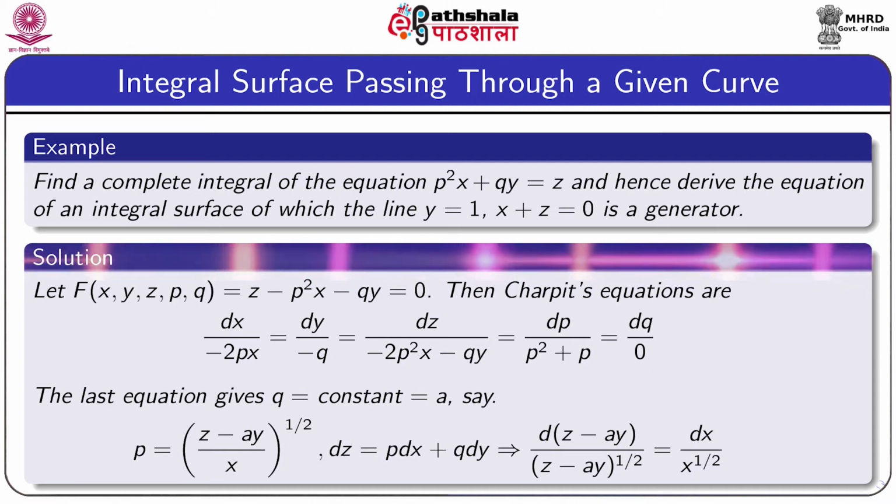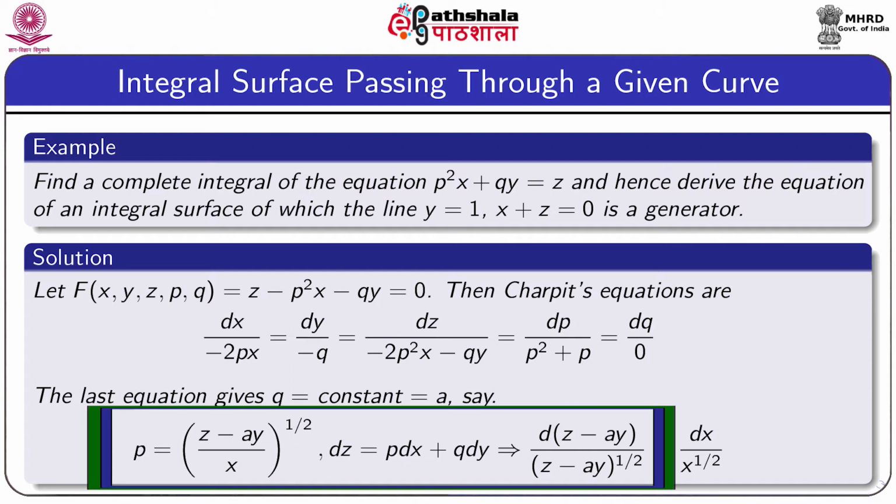Now, from the last equation we get q as constant, equal to a, say. From the given equation F equals 0, if we put the value of q, we can obtain the value of p, which is written here: p equals (z minus ay by x) to the power half.